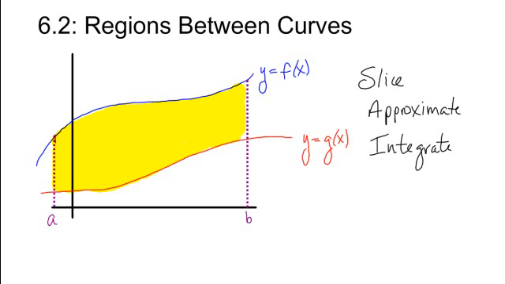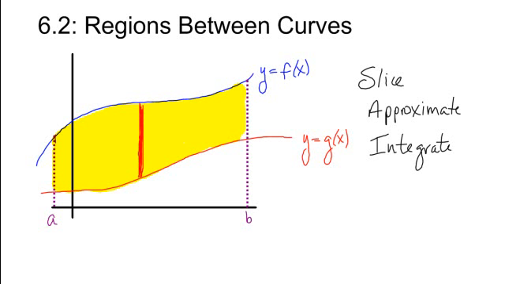So to talk about how you apply slice, approximate, and integrate to a problem like this. Say we need to find the area of the shaded region that's trapped between the curves f of x and g of x on the interval from a to b. You first draw a slice somewhere on your curve that is typical of every slice.